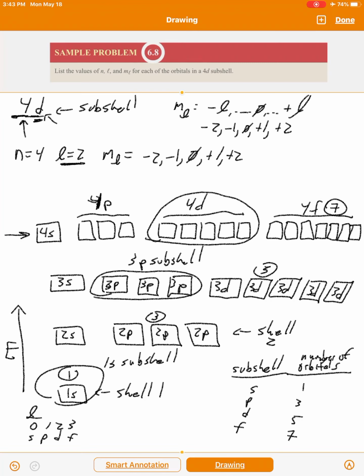It could be any of those 5 values. That's why there are 5 orbitals in the 4D subshell: if l is 2, m sub l can only be one of these 5 values. So our answer would be 4 for n, 2 for l, and 5 different possibilities for m sub l.